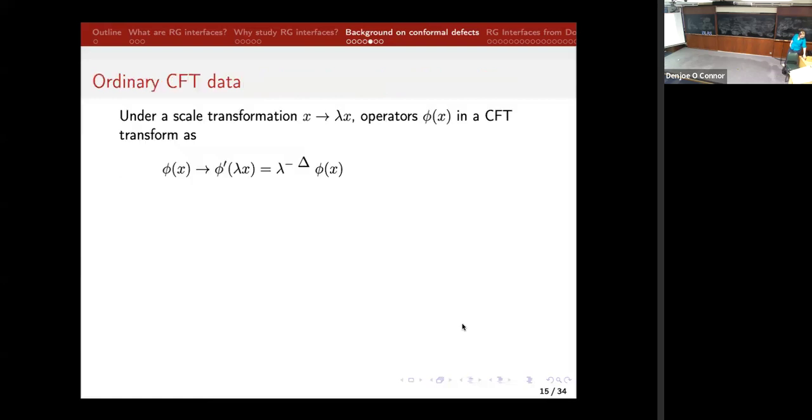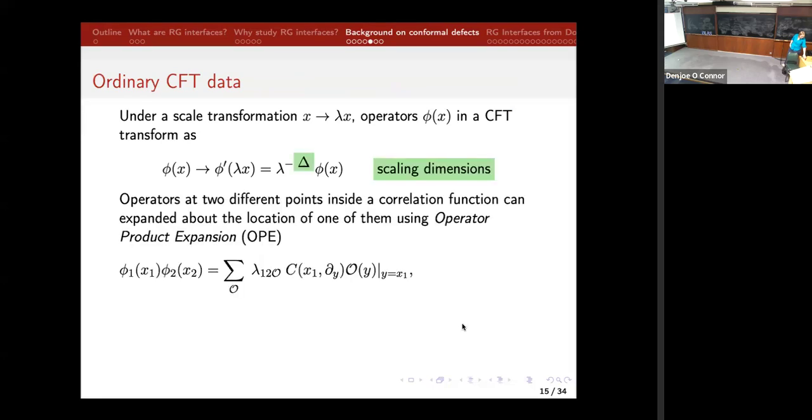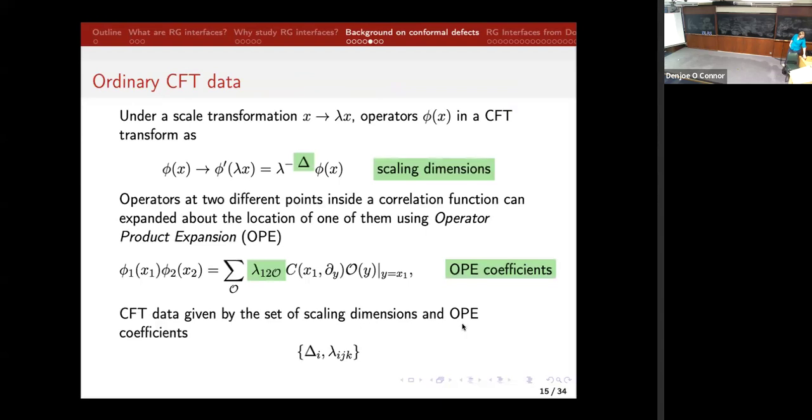So when we talk about ordinary CFT data, I'm guessing most people know this. We have scaling dimensions that describe how operators change with change in scale, and OPE coefficients, which are essentially the three-point function coefficients of operators.